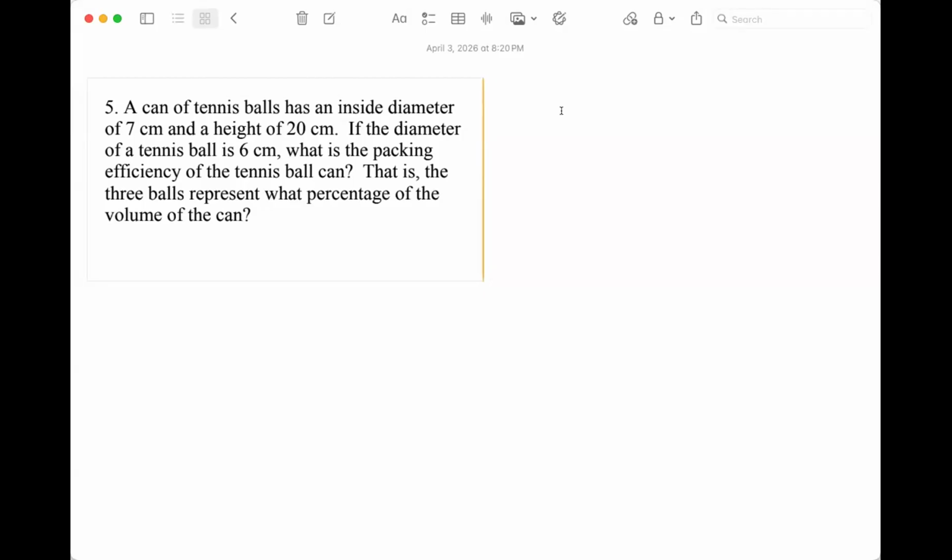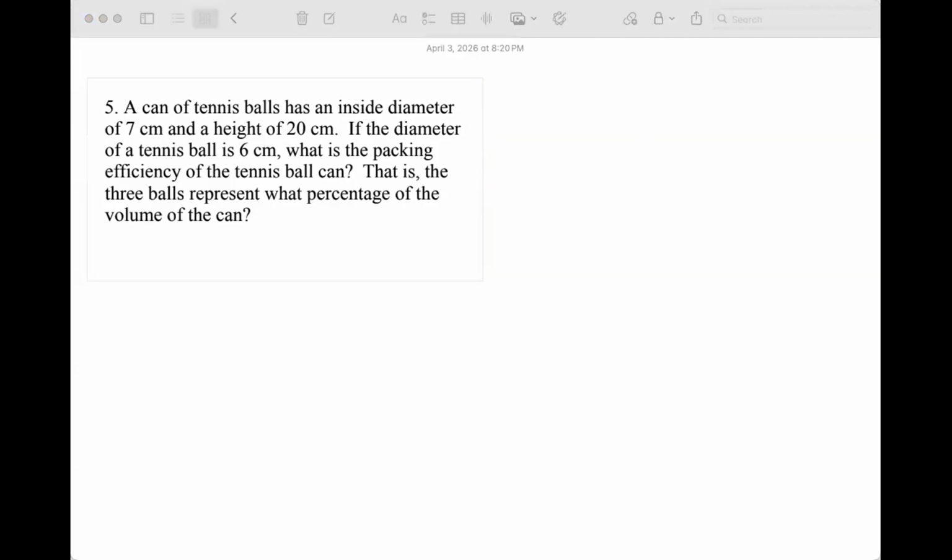A can of tennis balls has an inside diameter of 7 centimeters and a height of 20. The diameter of a tennis ball is 6 centimeters. It's so messy a question.